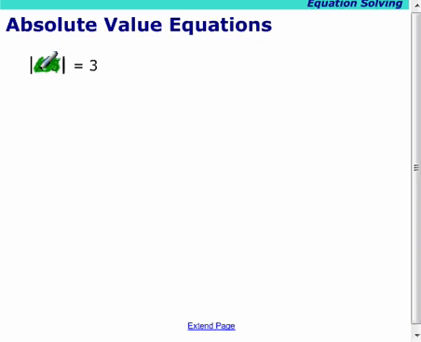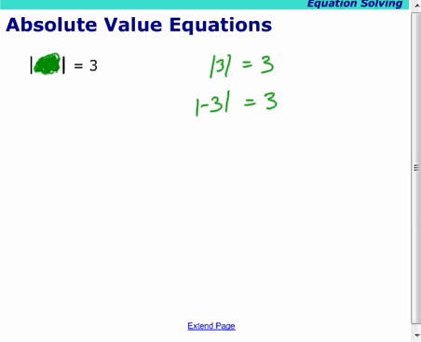So inside here, in order to get an answer of 3, I know that the absolute value of 3 would be 3, but I also know the absolute value of negative 3 would be 3. So whatever's underneath there has to be equal to 3, or has to be equal to negative 3.